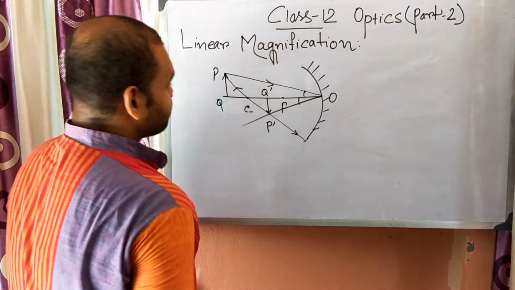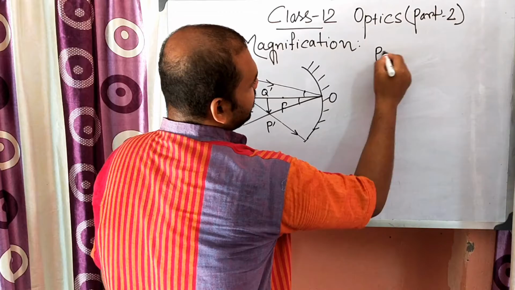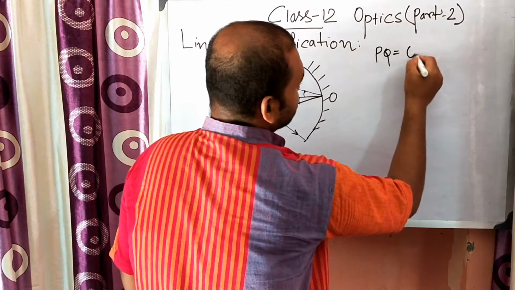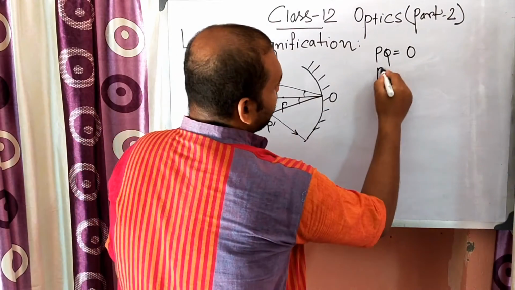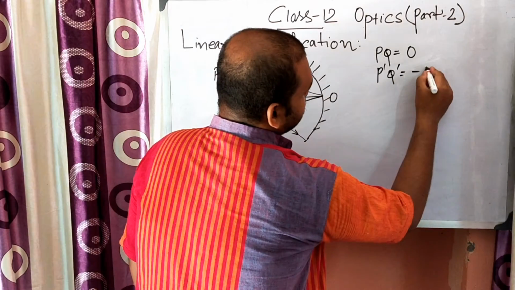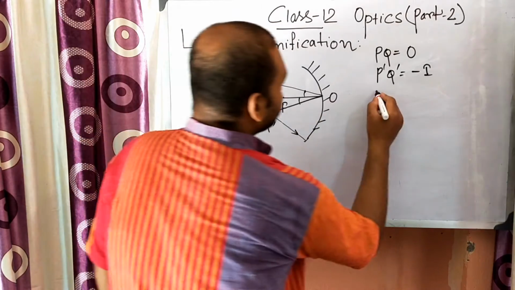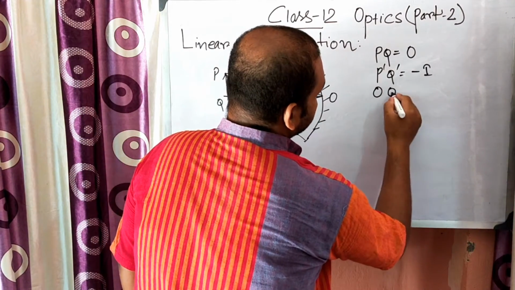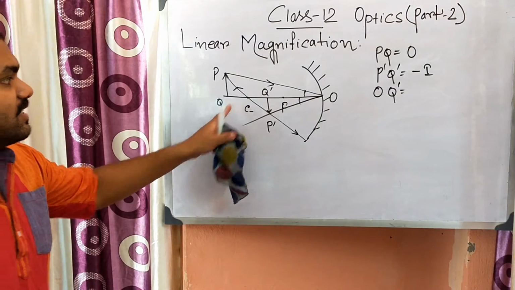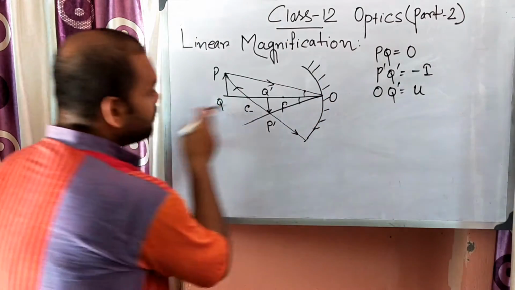Now from this figure, PQ is the object and P prime Q prime is the image. As it is inverted, the image height will be minus I. OQ is the object distance, that is U, and it will be minus U. Why?